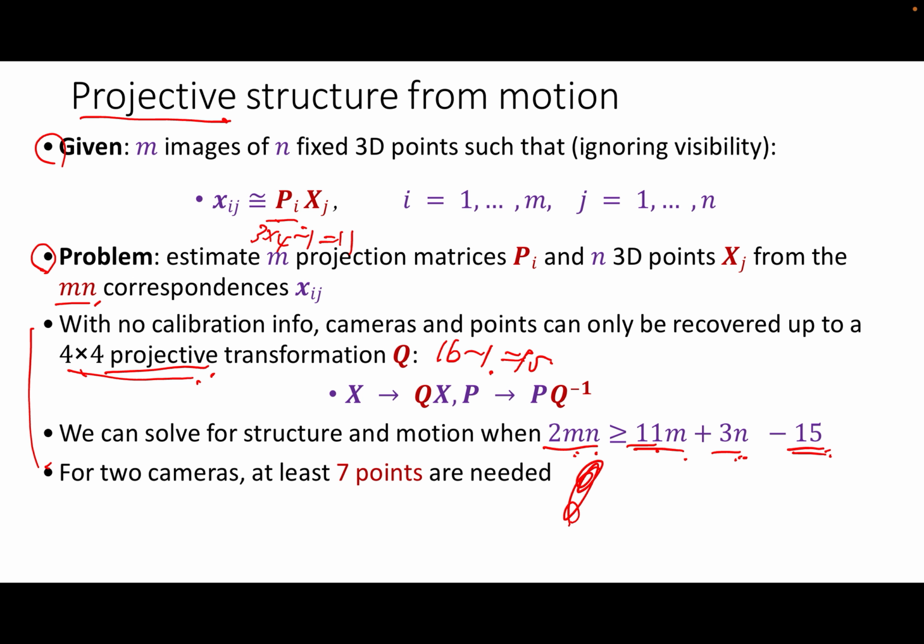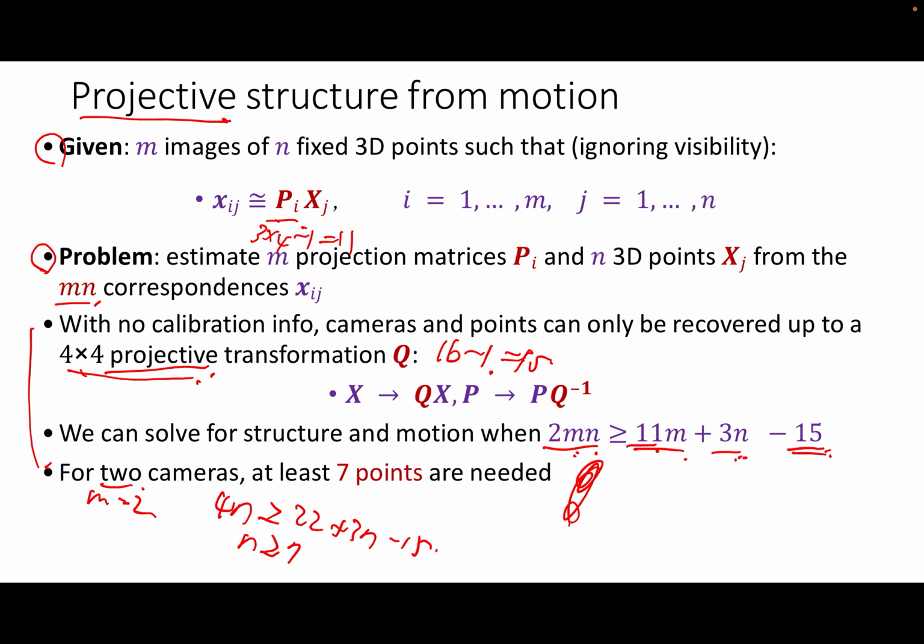The logic is exactly the same. The only difference is that we now use the projective camera model instead of the affine camera model. That is the only difference in formulation. So let's say we have two cameras, that means m equals 2. Then we can just plug in: 4n should be equal to or larger than 22 plus 3n minus 15.